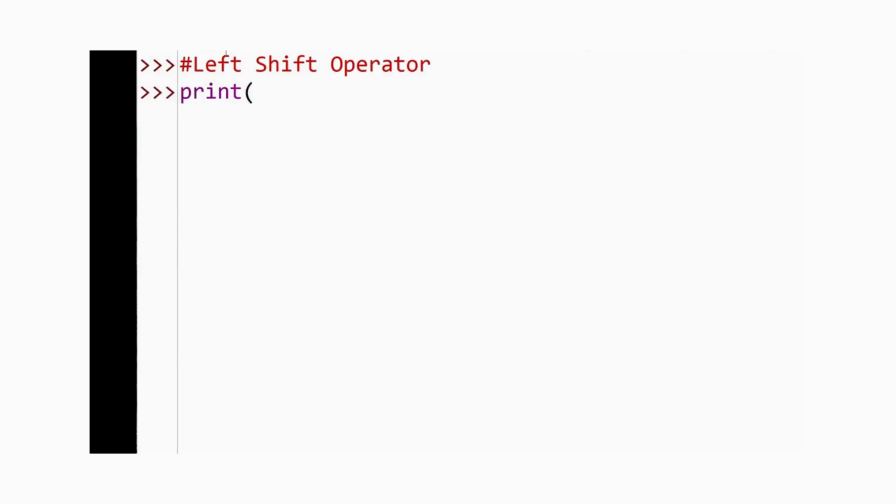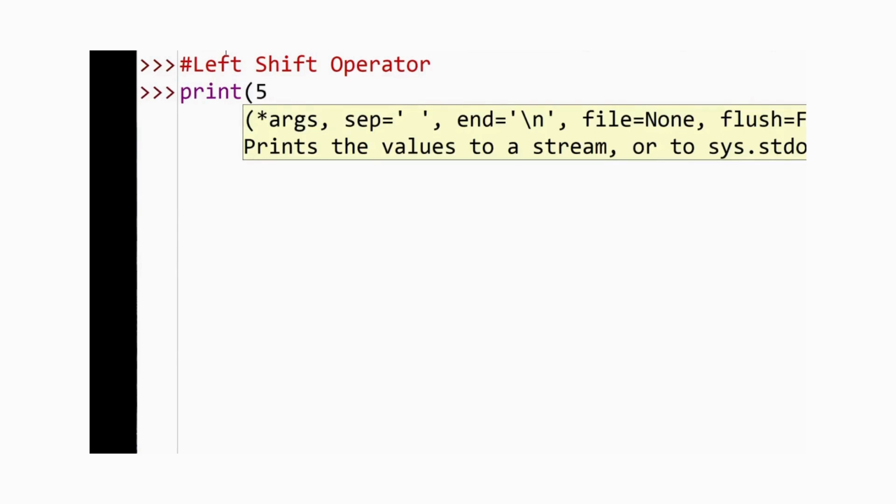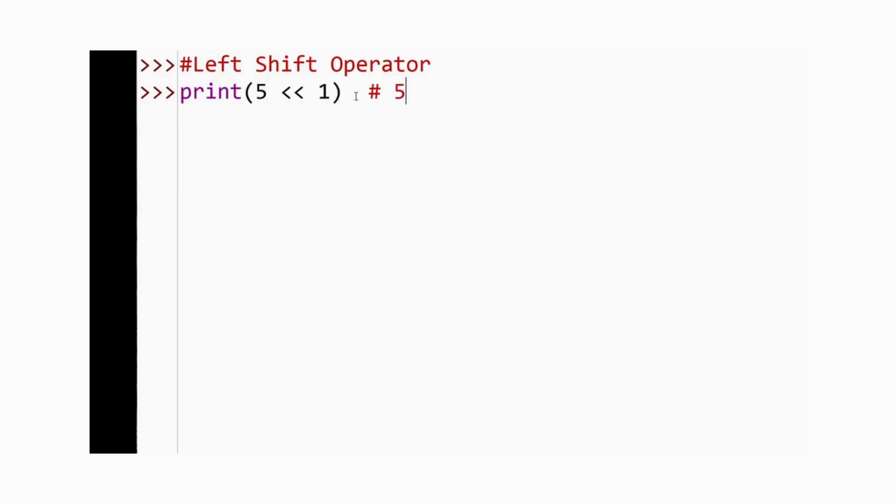Now I type print(5 << 1). The left shift symbol is less than less than. 5 into 2 to the power 1, which is nothing but 10. So 10 should come. Yes, it is coming.